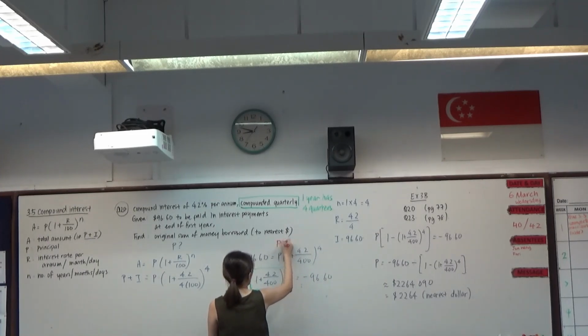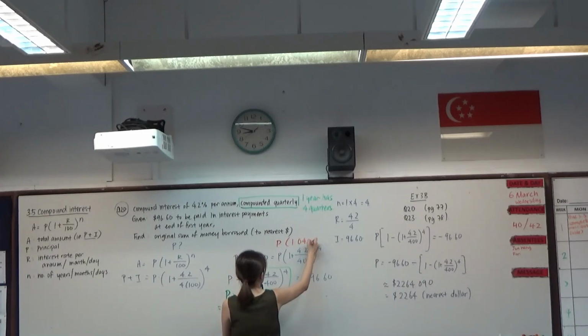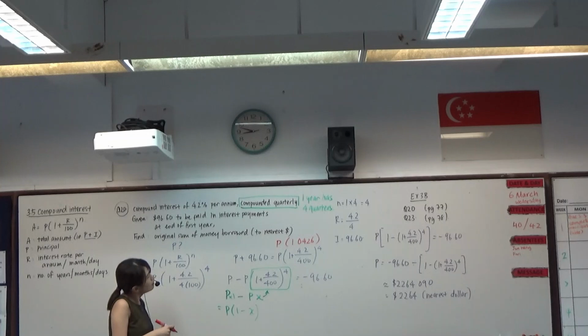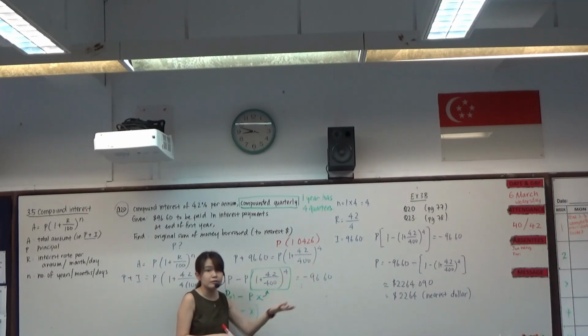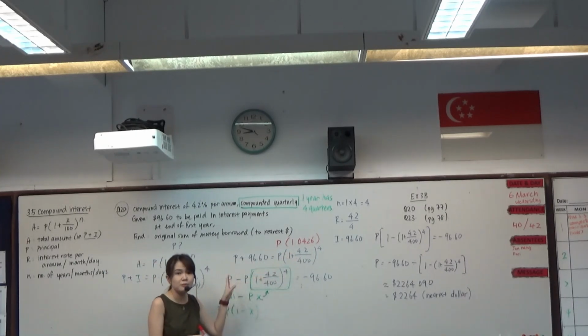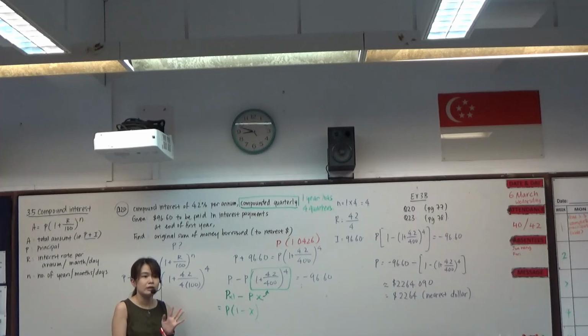This is about 1.0426. So 0.426 is equal to 6. Oh, you bring this P over? Okay, no problem. It doesn't matter where you bring the P over, just bring it to one side. Okay, it doesn't matter.